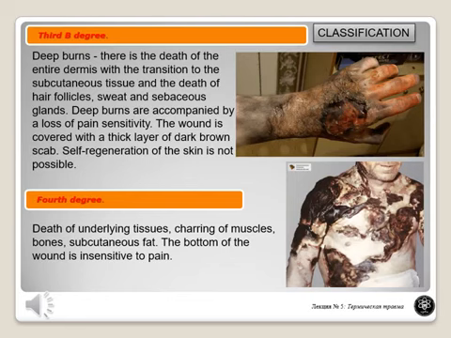That is, if we can still palpate the bottom of the wound during the process, there will be no pain sensitivity here, because the receptors that carry out pain reception are located at approximately the same depth, where those same woody skin elements are located, that is, hair follicles, sweat and sebaceous glands. The wound is usually covered with a thick layer of dark brown scab. As I have already said, independent regeneration is impossible in this case.